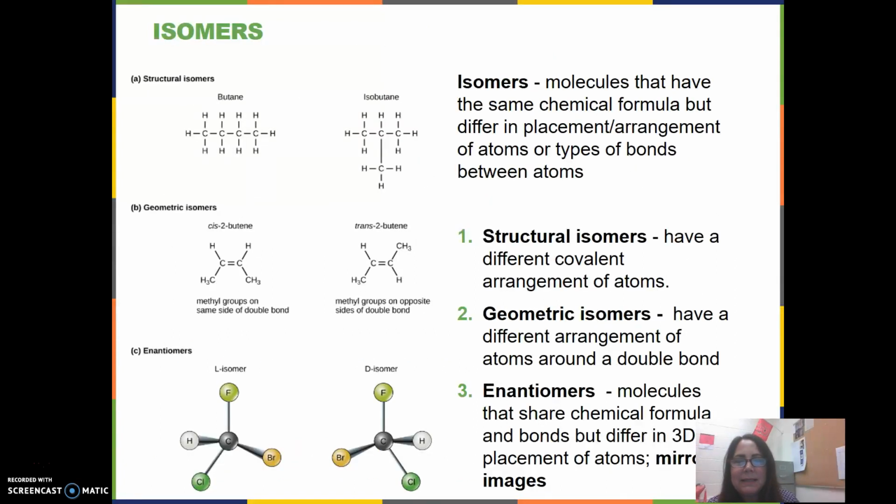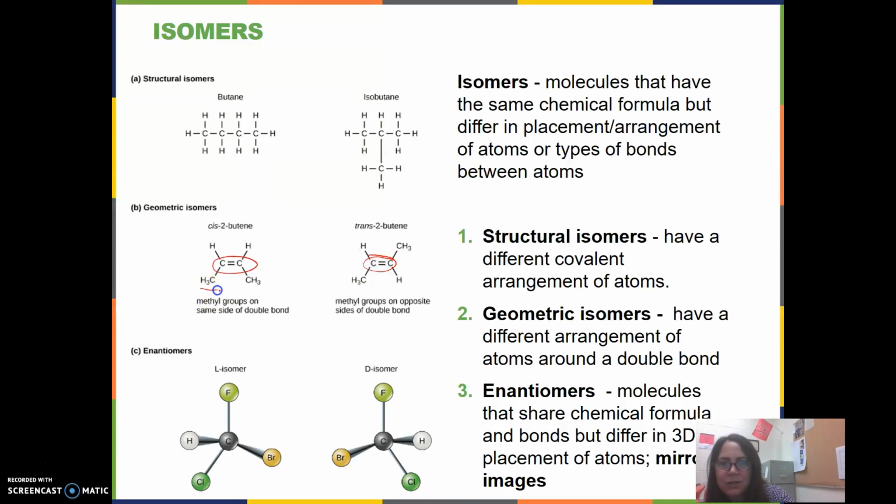Isomers are different forms of molecules. They have the same chemical formula, but different shapes. Structural isomers have different arrangements of atoms. Geometric isomers have different arrangements of atoms around a double bond. See here and here.